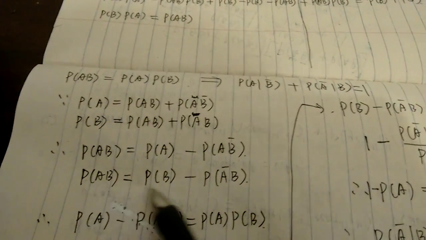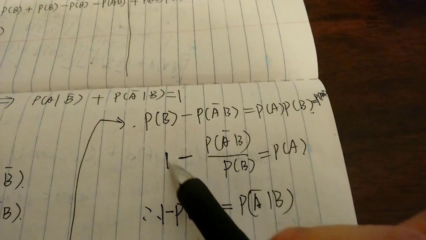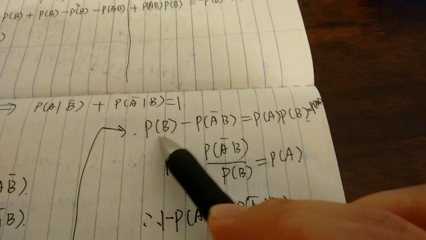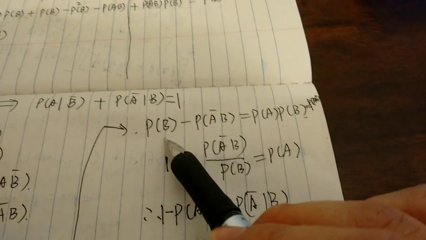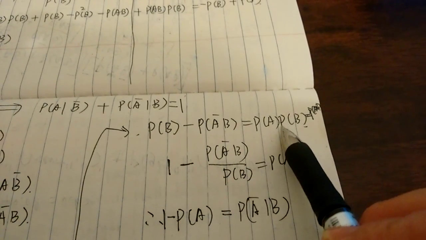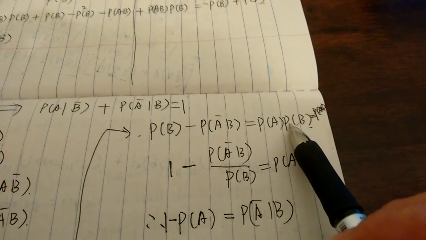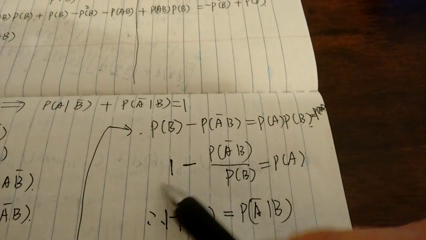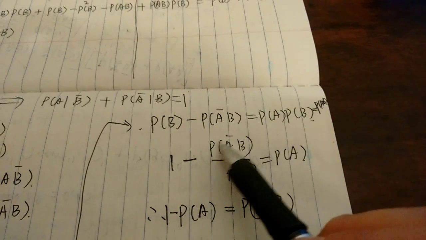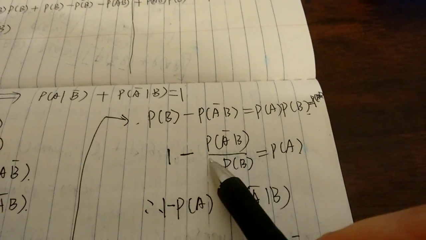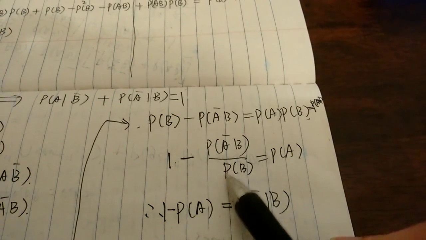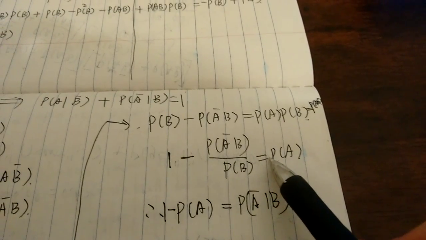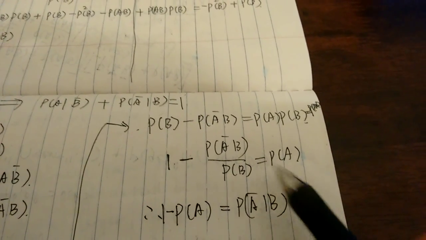Using this, finally in this equation we divide by probability B on both sides. We got 1 minus probability A complement B divided by probability B equals probability A.